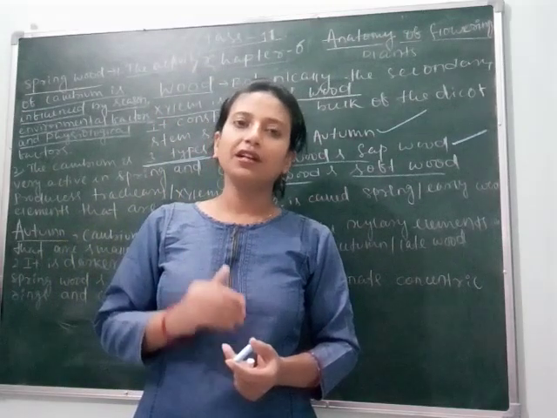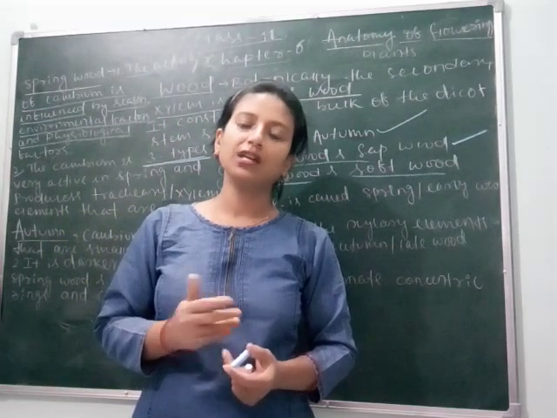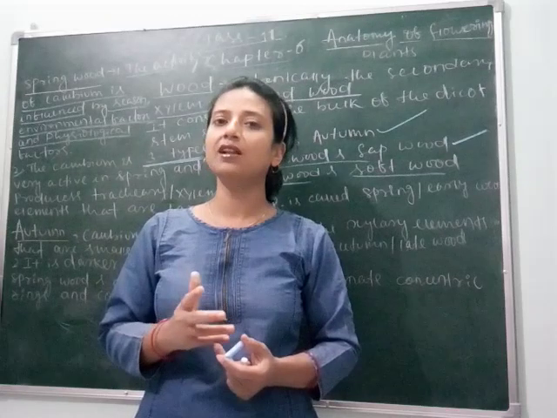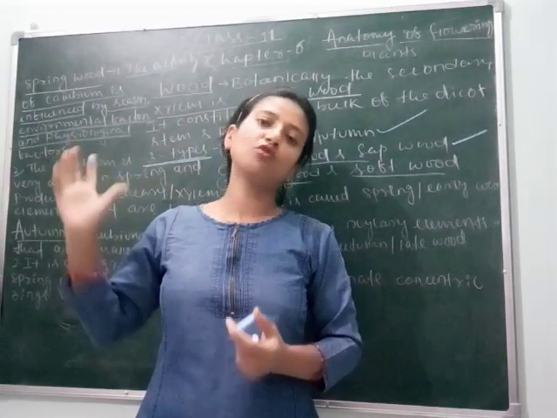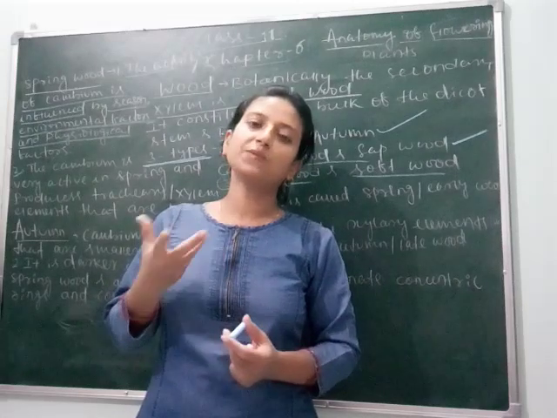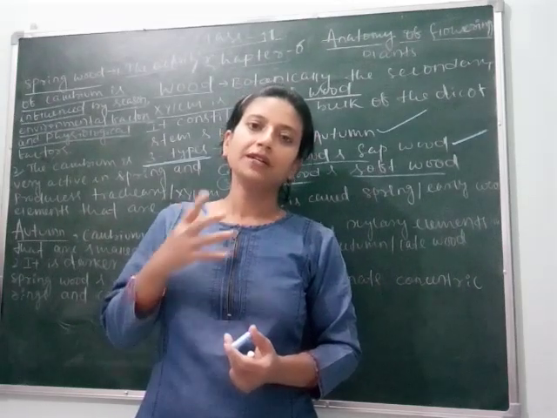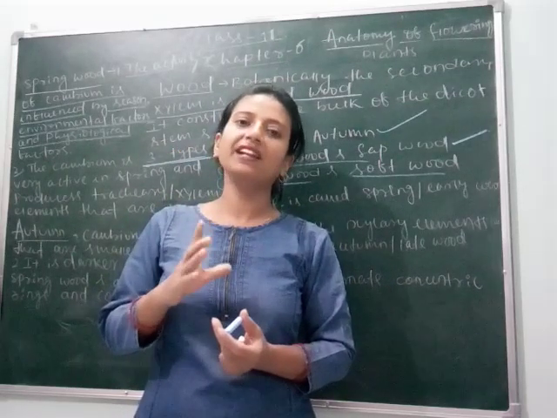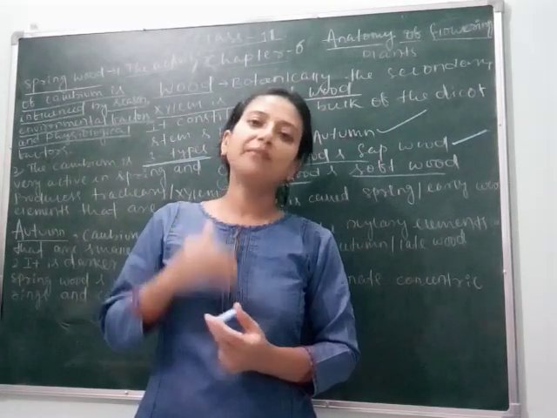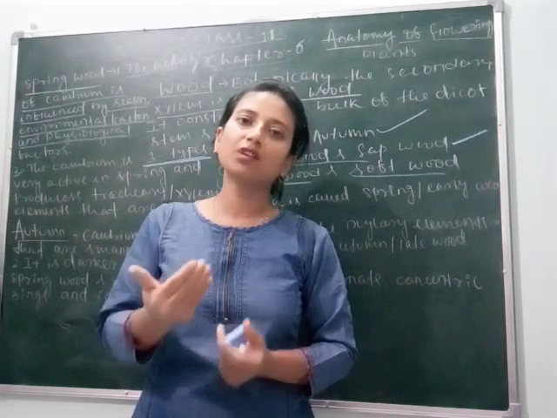But spring is a perfect season. Not only does the wood mature, but growth also occurs in the spring season. When we see growing children, their growth is also rapid in spring season. Means there must be some factors which influence the growth of the organism.